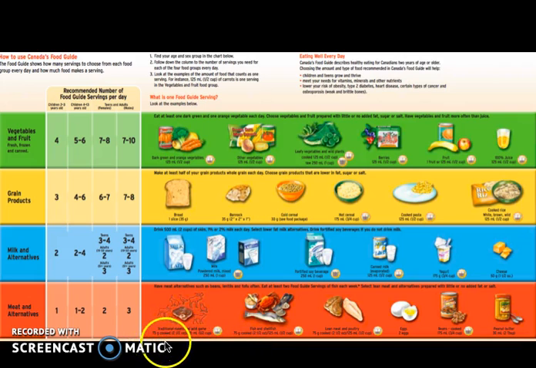It would be 75 grams of cooked lean game. And I held up the palm of my hand and showed them that it may be easier to look at the palm of your hand for a serving of protein. And it's recommended to get 2 servings per day for females and 3 for males.